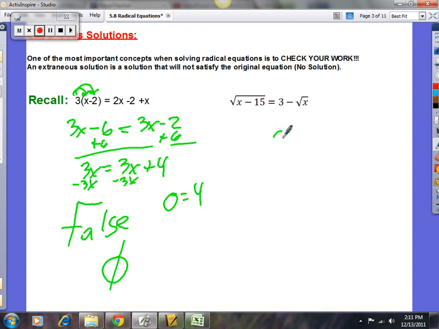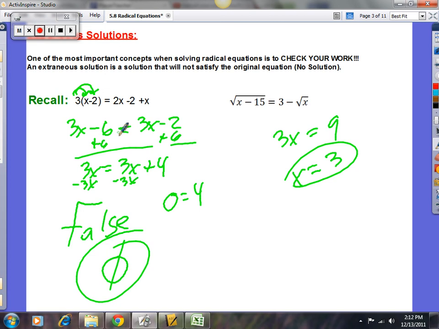What about this guy? What if you get 3x equals 9? What's x? So you've got one of three options. Either it works and your answer is some real number, and that one's 3, or you're going to get a false statement from the very get-go and it's no solution, or you're going to get this.